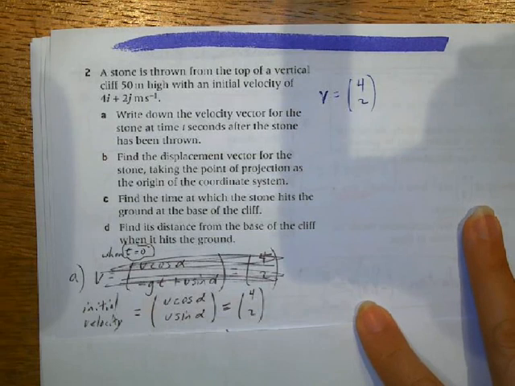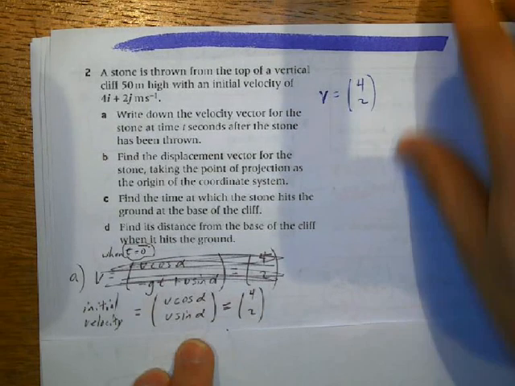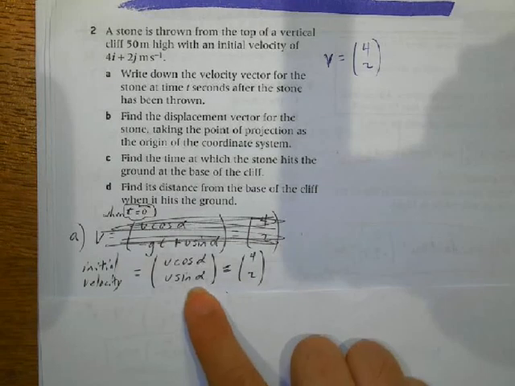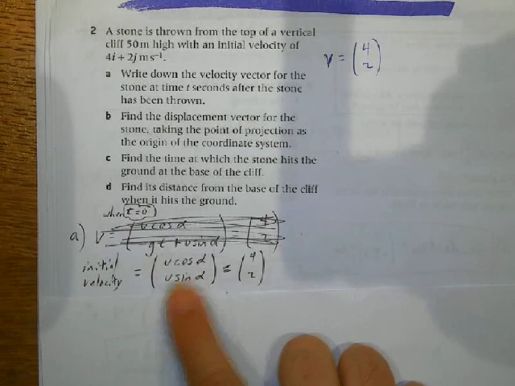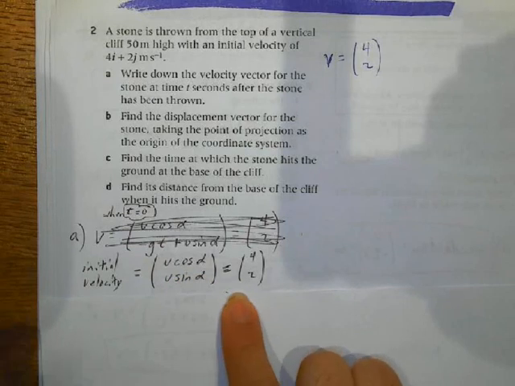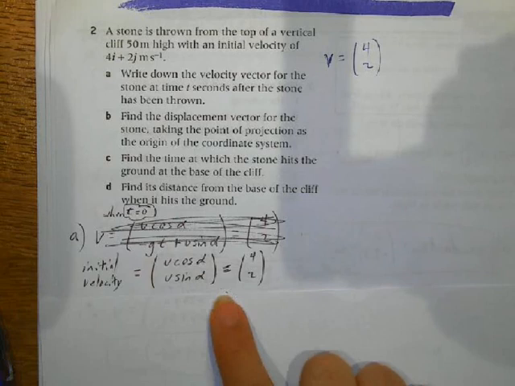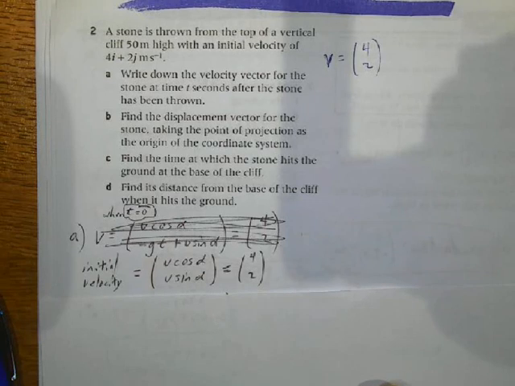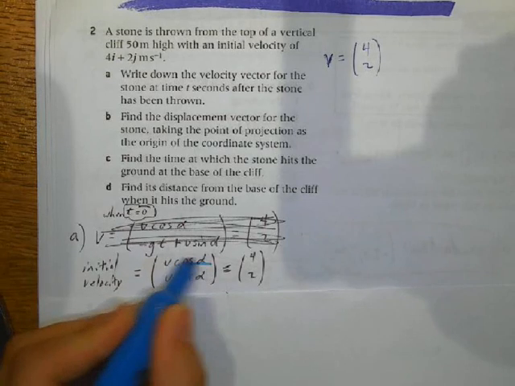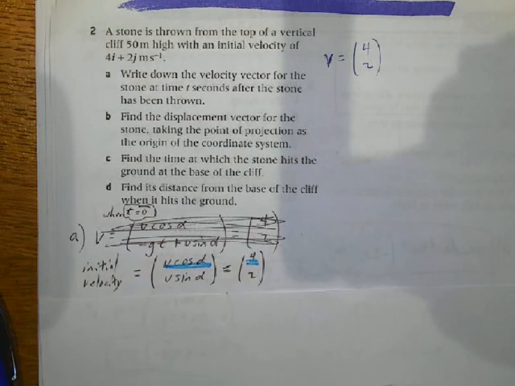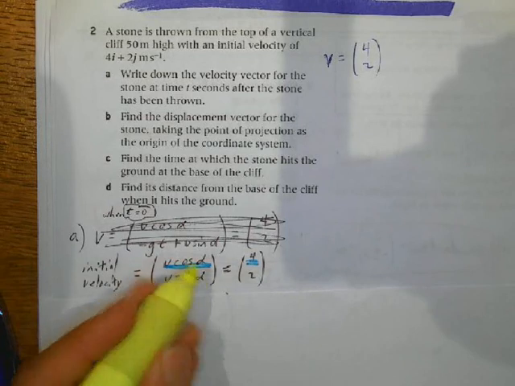The initial velocity, as we noticed before, is u cosine alpha, u sine alpha. Whenever I look at my earlier equations, I'm going to replace u cosine alpha with 4, and I'm going to replace u sine alpha with 2.